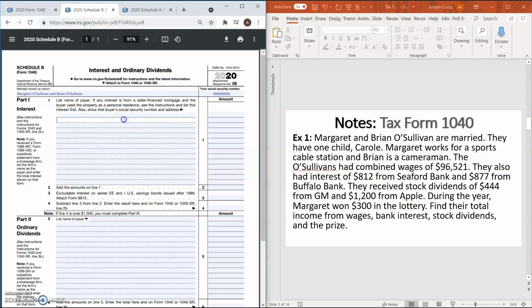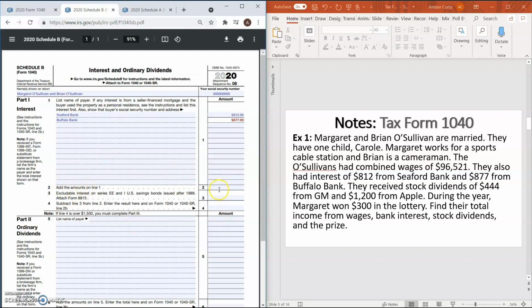They got interest from 2 locations. We got interest from the Seaford Bank, and this one was in the amount of $812. Then we have interest from Buffalo Bank, and that one was in the amount of $877.